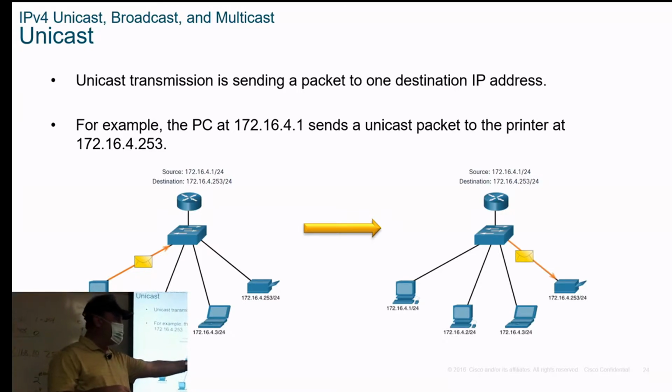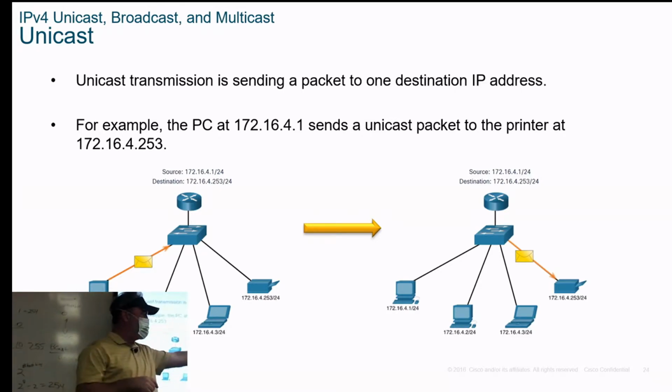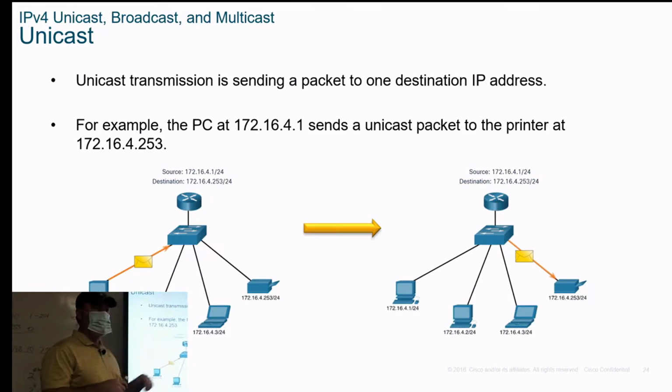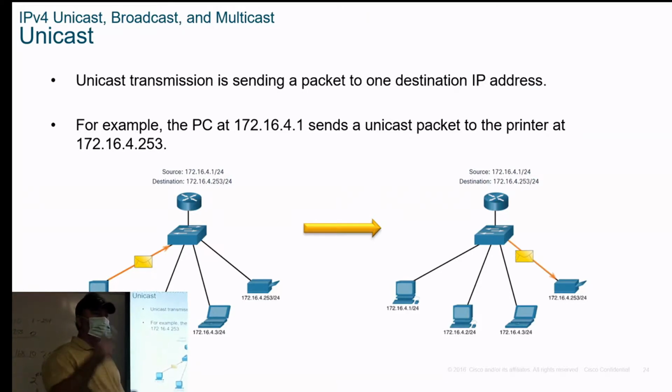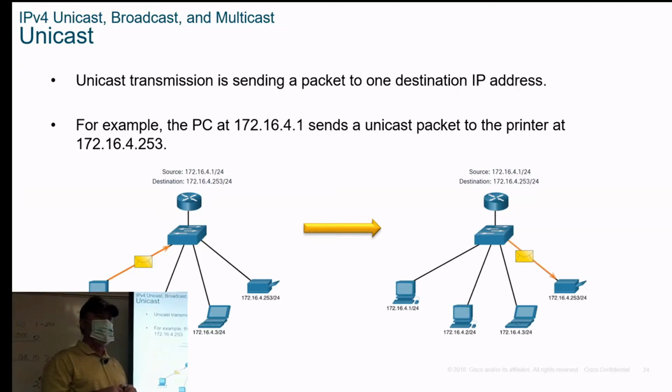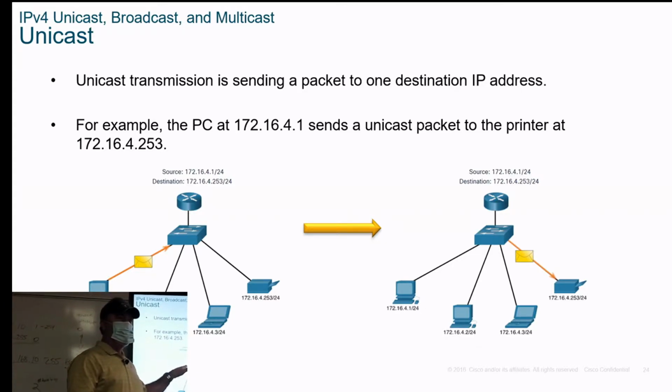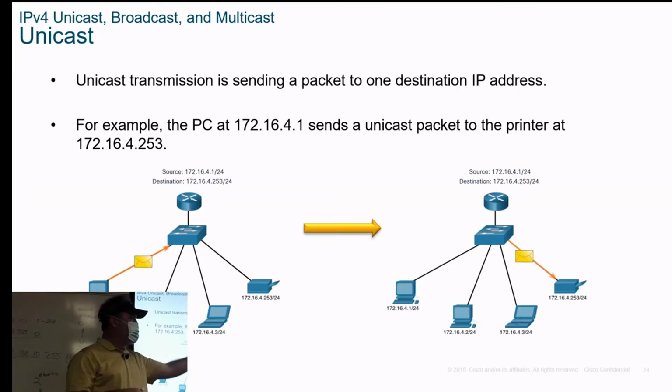The reply comes back the same way. That's unicast. It's one-to-one. Nothing else on the network sees that packet. It only flows between the port it goes in on and the corresponding port where the device is. Everybody okay with unicast?